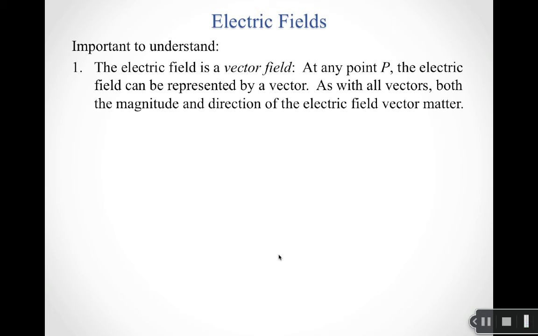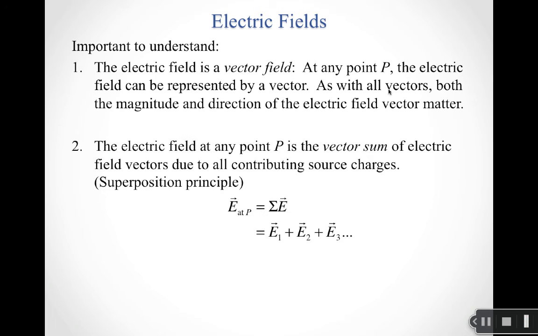You pick a point P, and the electric field there can be represented by some vector. That vector tells you the magnitude and the direction of the electric field. In terms of our point charges, we said those go as 1 over r squared. So the farther you go away from the point charge, the weaker the electric field gets. So magnitude and direction, just like with any vector.